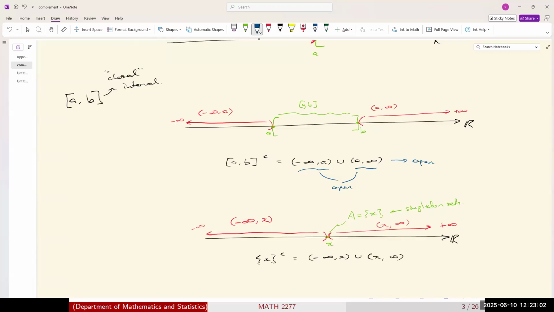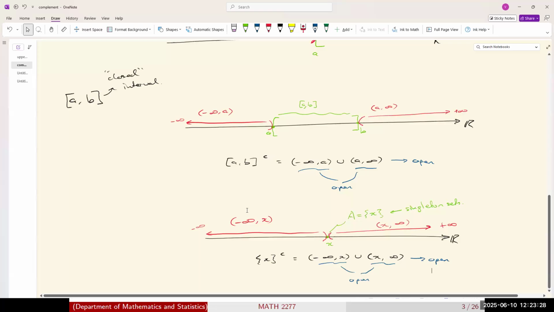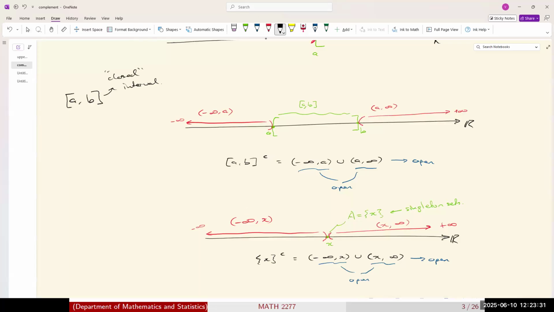And again, we know that these open intervals are open sets, and the union of any amount of open sets is open. So again, we have that the complement of the set is open, therefore the original set is closed. Okay, so singleton sets are closed sets.